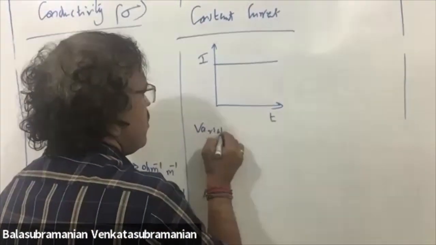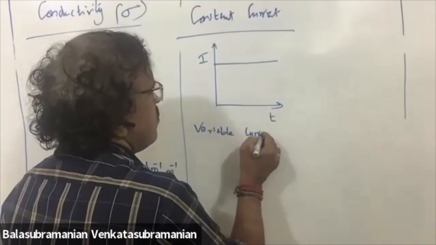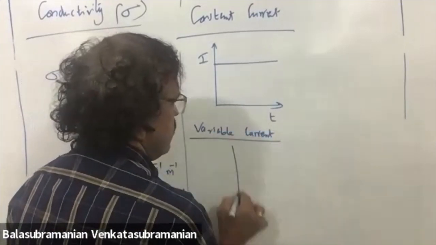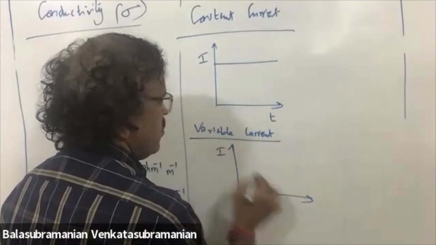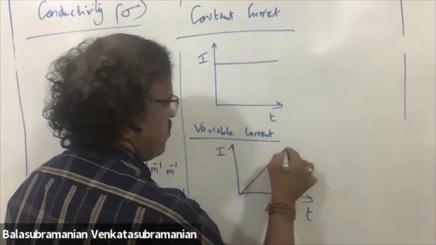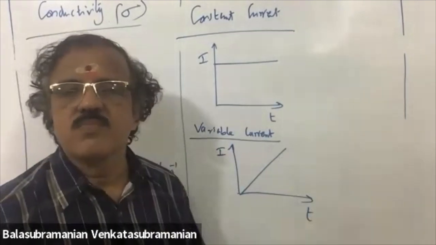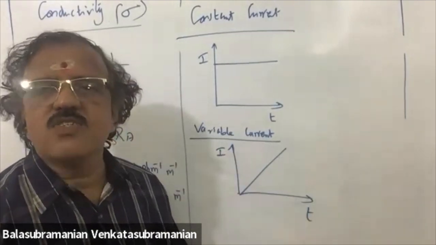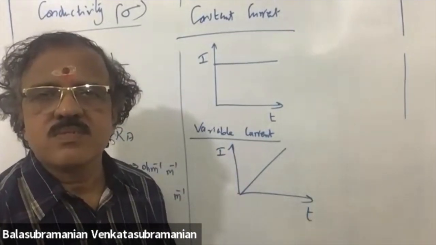Variable current, I versus t, current is uniformly varying with time.